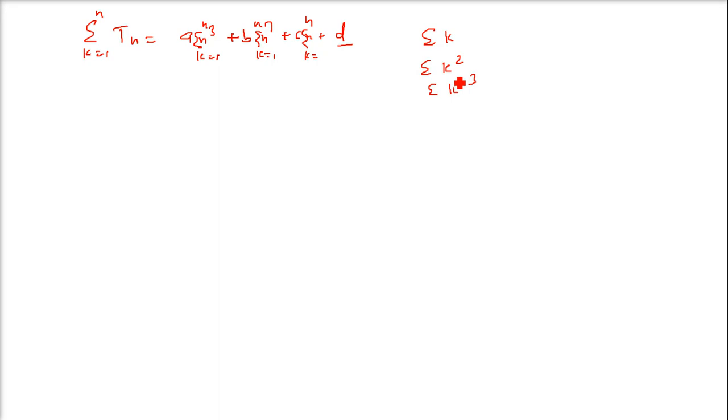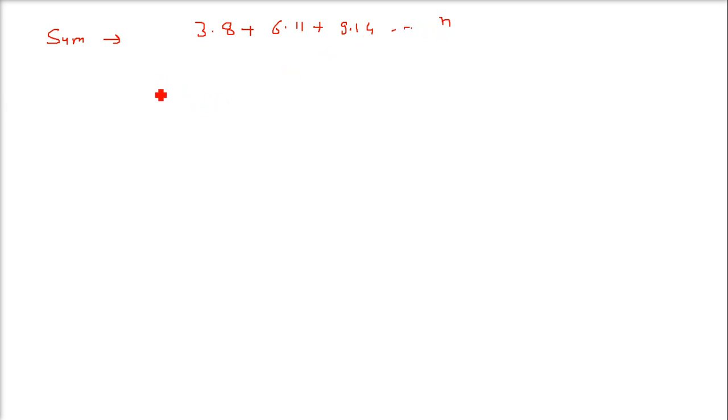So I will try to take a question on this. This is an NCERT question. We have to find the sum of the series 3 multiplied by 8, plus 6 multiplied by 11, plus 9 multiplied by 14, and this goes up to n terms.